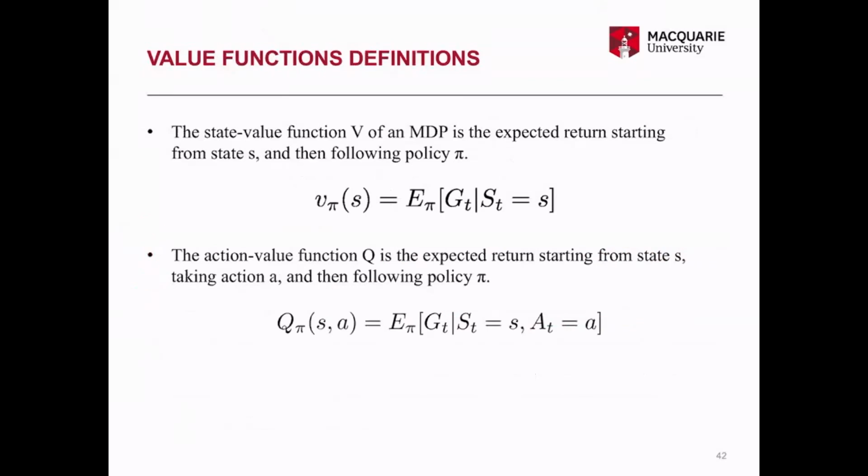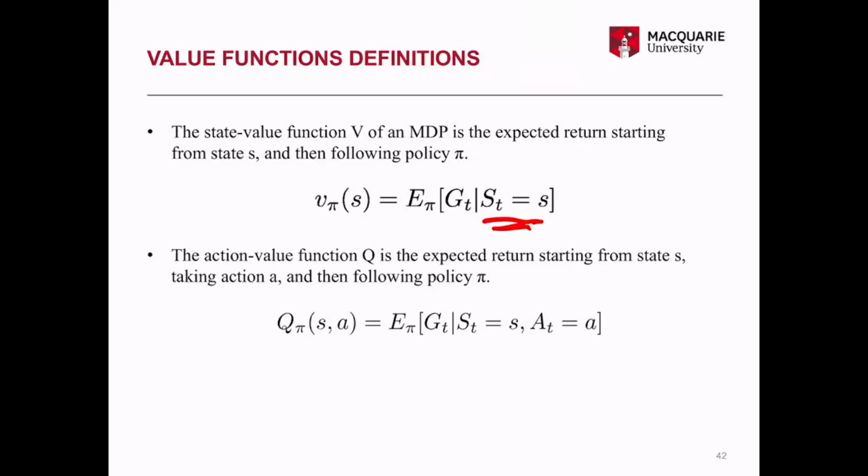A state value function, V of the Markov decision process, is the expected return starting from state S and then following policy pi. So it's telling you, in a very casual way, if you give it a state, it will let you know the value of that state, right? It says, well, in general, if you're in this state, you're going to receive this amount of reward no matter what you do, right?